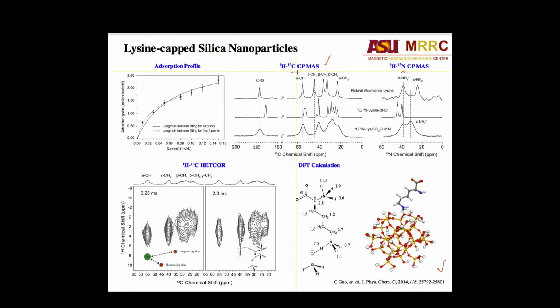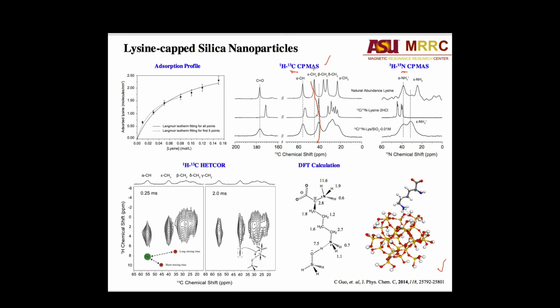From the proton to carbon CP MAS spectrum here, we can see that the epsilon CH2 group, which is the nearest to the side chain amine group, has a carbon chemical shift that actually shifts, and we think it is due to the protonation of the side chain amine group. So you get a large shift there. Yes, the shift is very large, and we also demonstrate this using proton to nitrogen CP MAS.